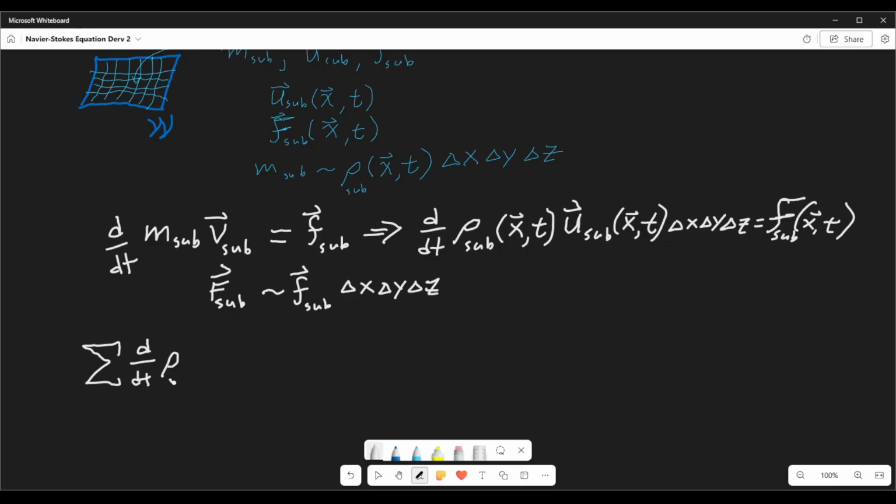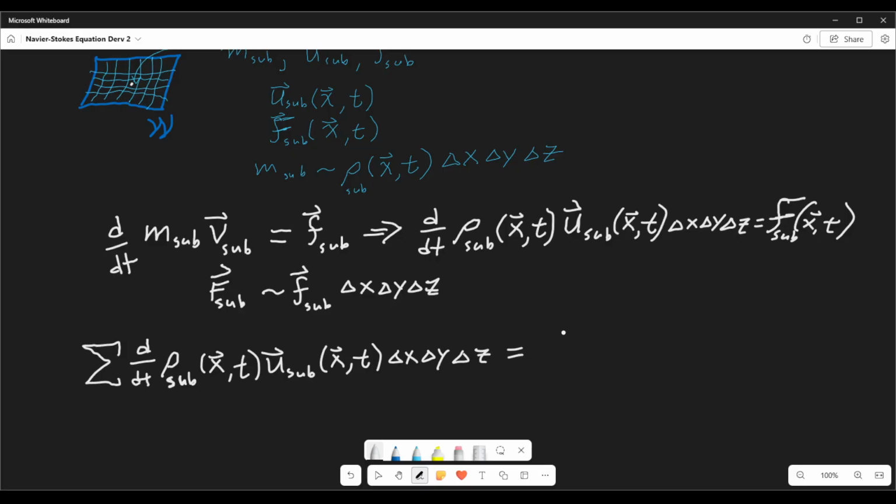So writing this out again, that's the density for each of those little subsquares times the velocity in each of those subsquares, and then the volume term.